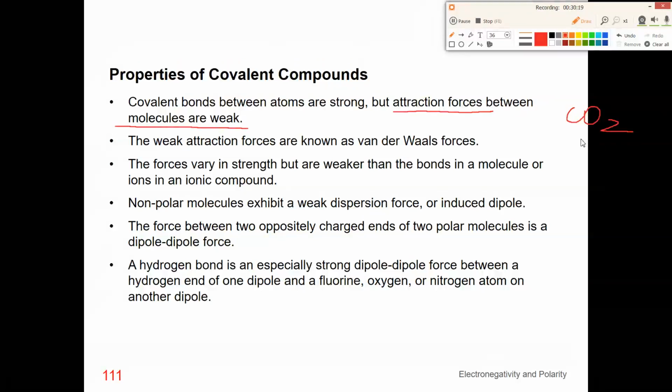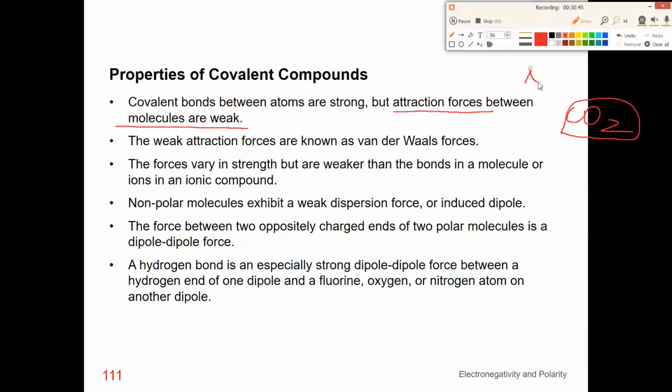That's why carbon dioxide is a gas, because the attraction between molecules is weak, so they are harder to attract each other. So they exist in the gas phase at room temperature.